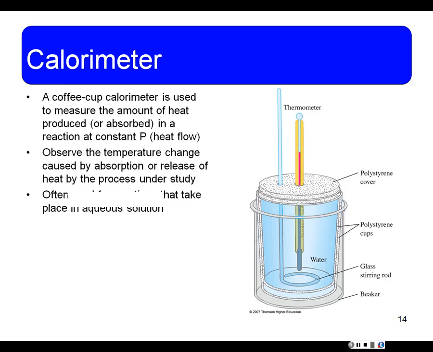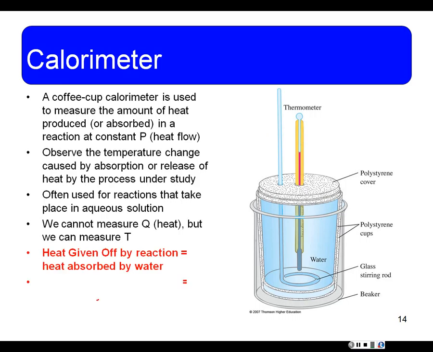This is a very simple technique, and I'll show one picture of what's actually used in industry, but this works very well. This is called the coffee cup calorimeter. We don't use coffee cups in the labs. We use a variation of that, so you'll see that on Wednesday.